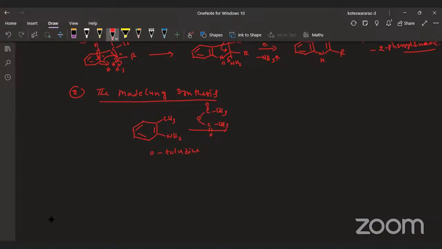Simple, just mix in the presence of a catalytic amount of acid like acetic acid. Then it leads to the formation of N-acyl ortho-toluidine.